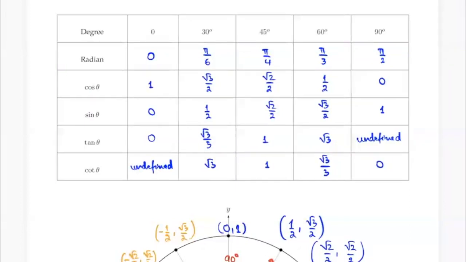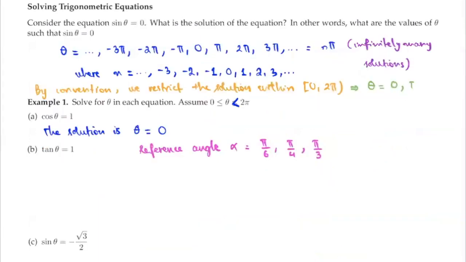So the corresponding theta is going to be the 45-degree angle or pi over 4. So the reference angle that we refer back to is going to be pi over 4, because tangent of pi over 4 gives you 1.